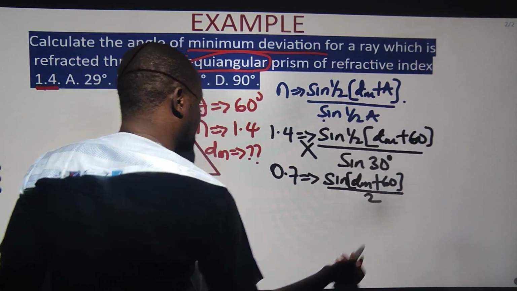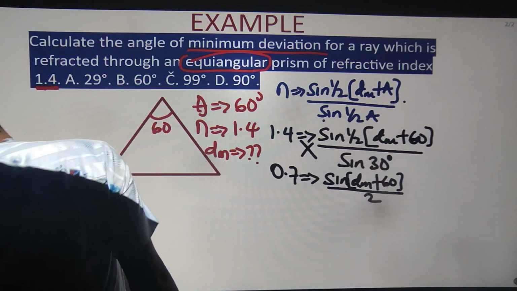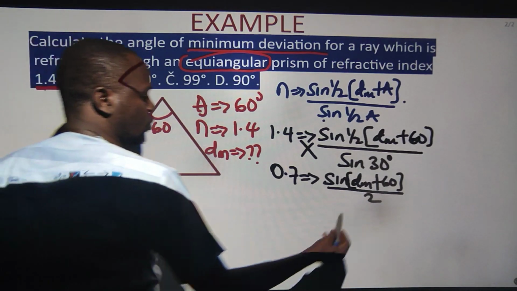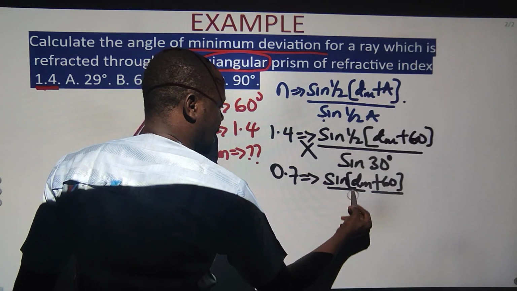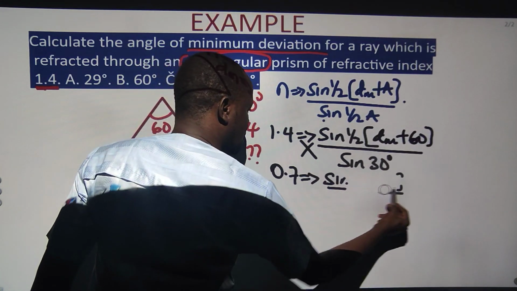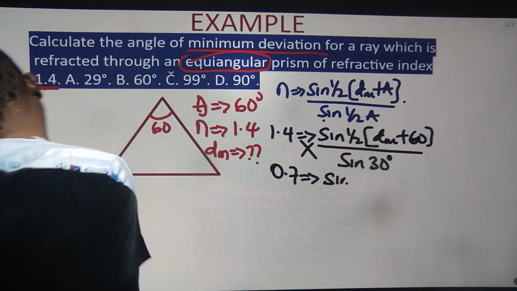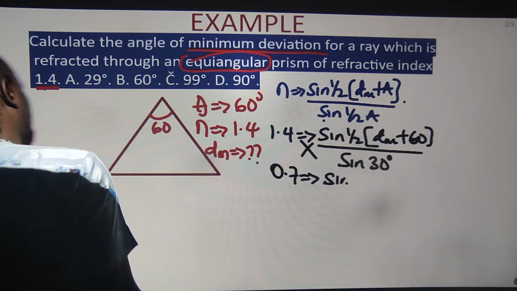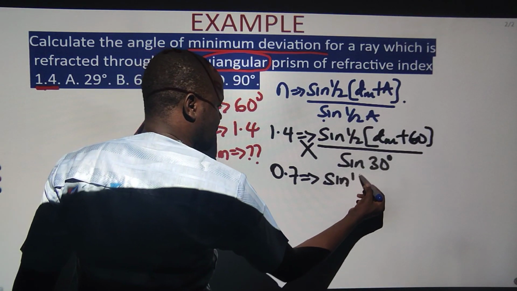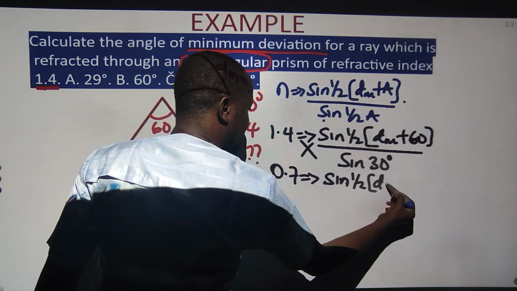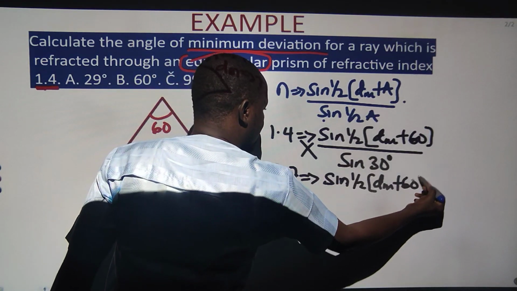If you are writing in this format, you need to be careful. If you are writing it in the format of 1 by 2, you also need to be very careful. So that is why I always urge students, in order not to make mistakes, to write it in the format of 1 by 2 times (Dm plus 60).